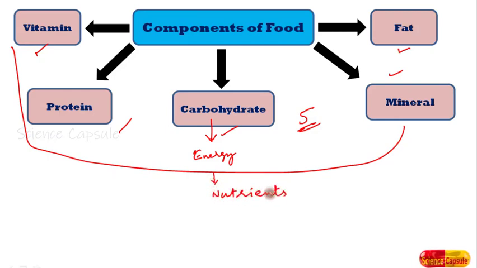These are the 5 major nutrients which are required by each and every living organism. So the food we eat must contain all these nutrients. Now with this idea, let us understand what are all the things that we need to study in nutrition in plants. Let us go into the chapter.